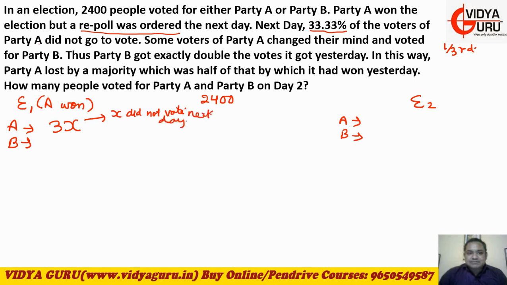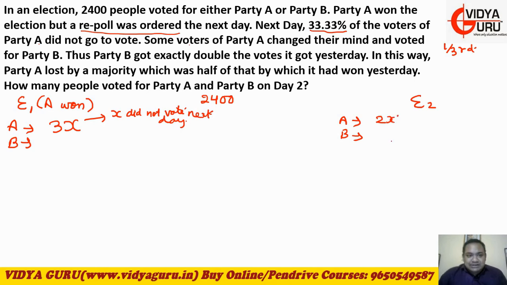What more is given? Some voters of party A changed their mind and voted for party B. That means from remaining 2x, because next day out of 3x, x did not go to vote at all. So next day out of 2x, some people voted for B.